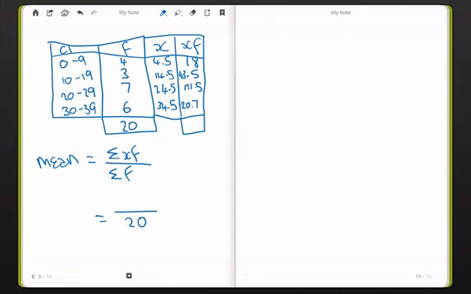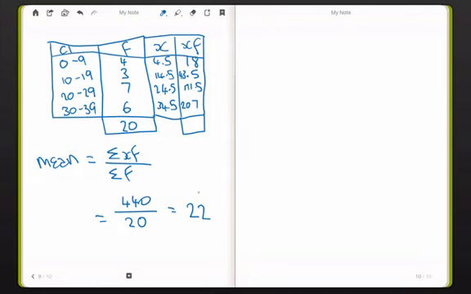Now all we need to do is add up this column: 18 plus 43.5 plus 171.5 plus 207, and that equals 440. Then 440 divided by 20 is 22.